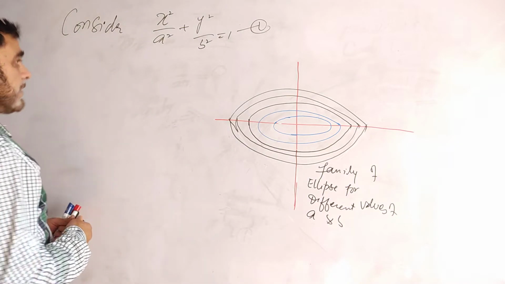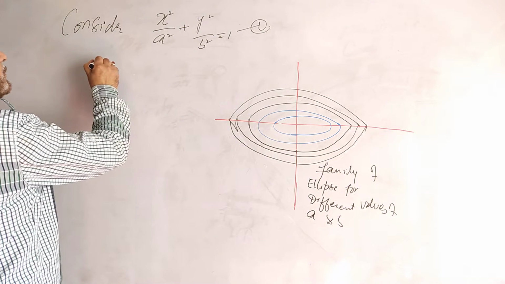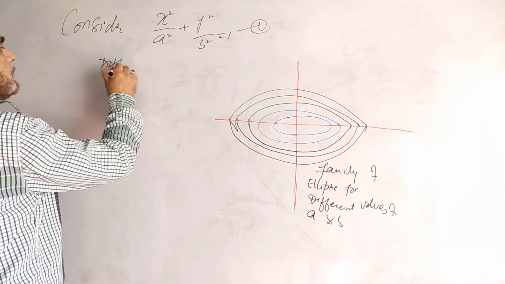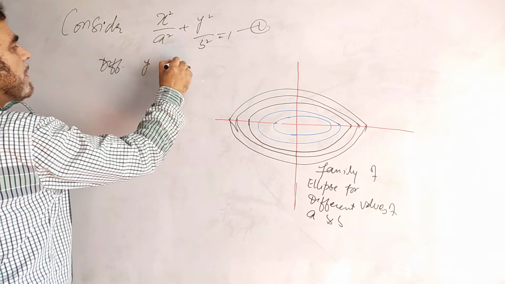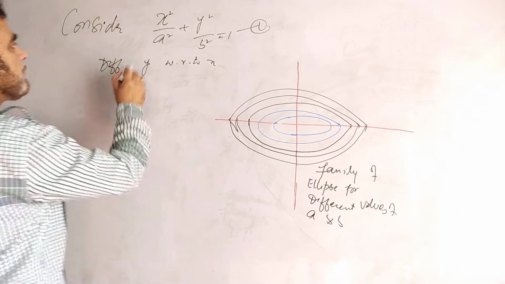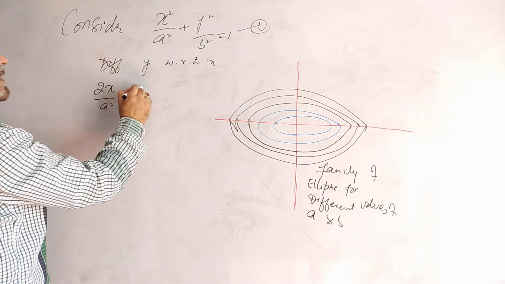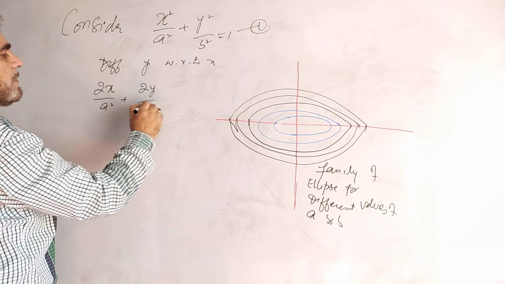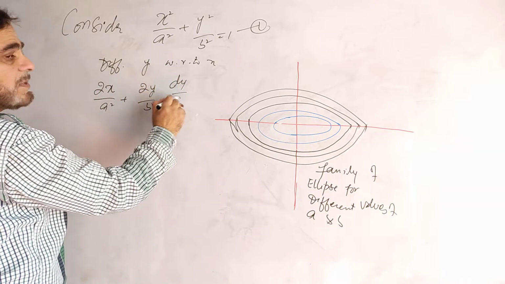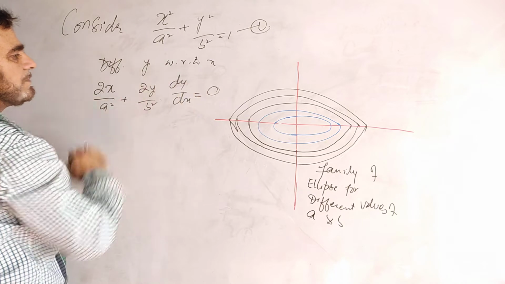Let us differentiate here, y with respect to x. It is 2x by a square plus 2y by b square, but y is a function of x, so dy by dx is equal to 0.